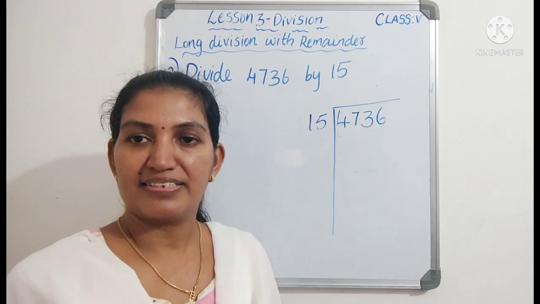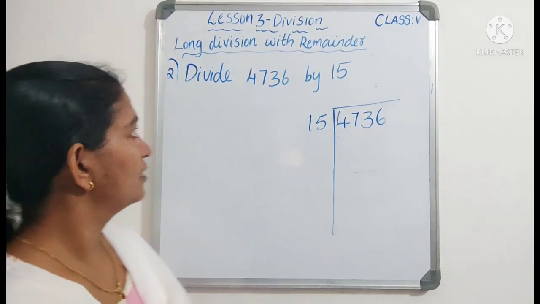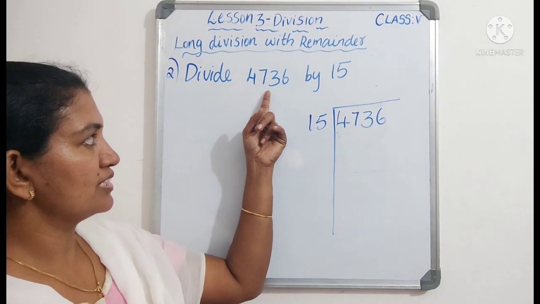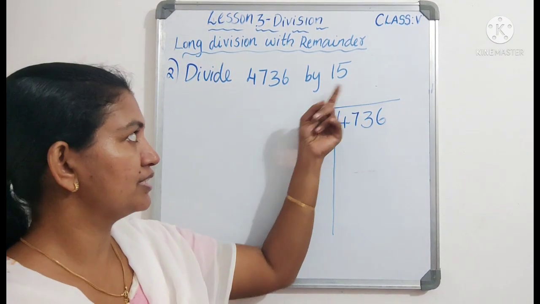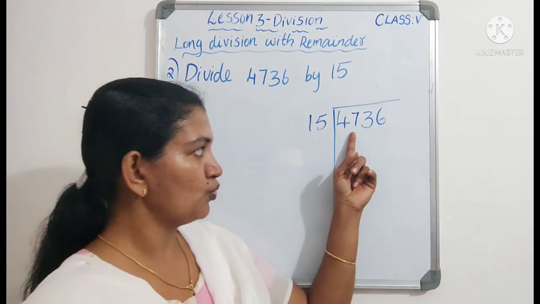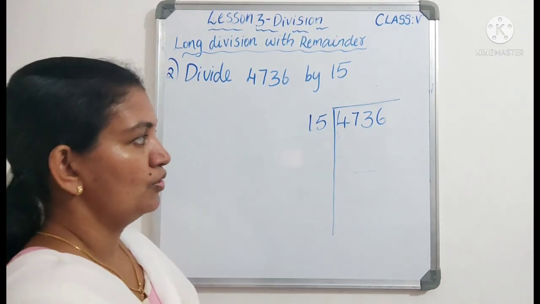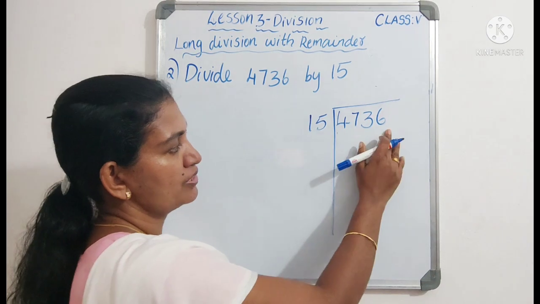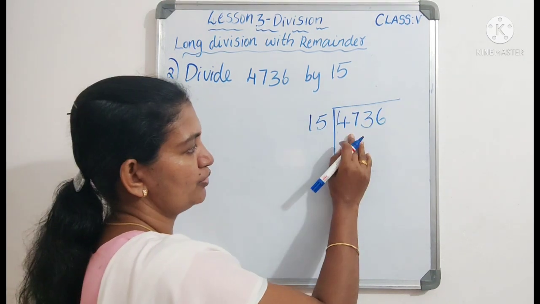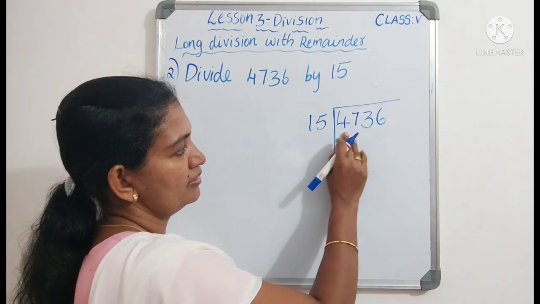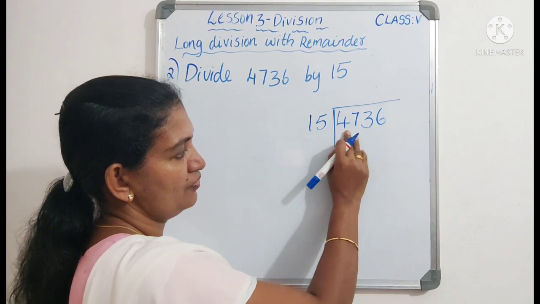Understood all of you? Next, another example: divide 4736 by 15. Here this number is called the dividend. First you have to check in this dividend, considering the first two digits.